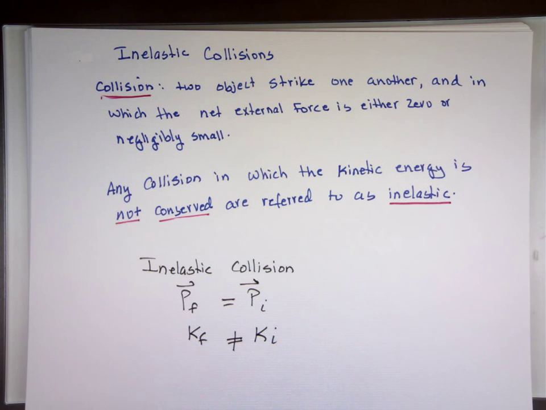And when they stick together, we call that completely inelastic. That's what we're going to use. So when they definitely stick together, that's what we're talking about: a completely inelastic collision.